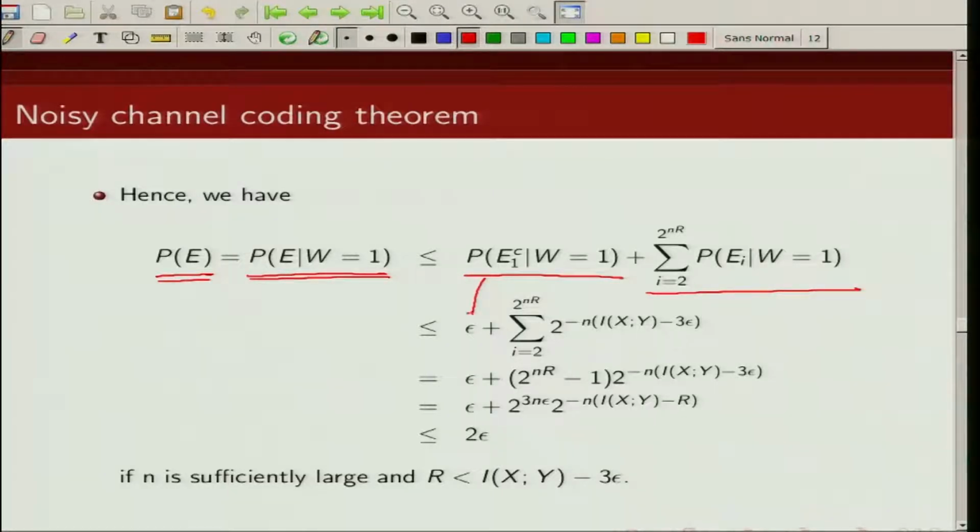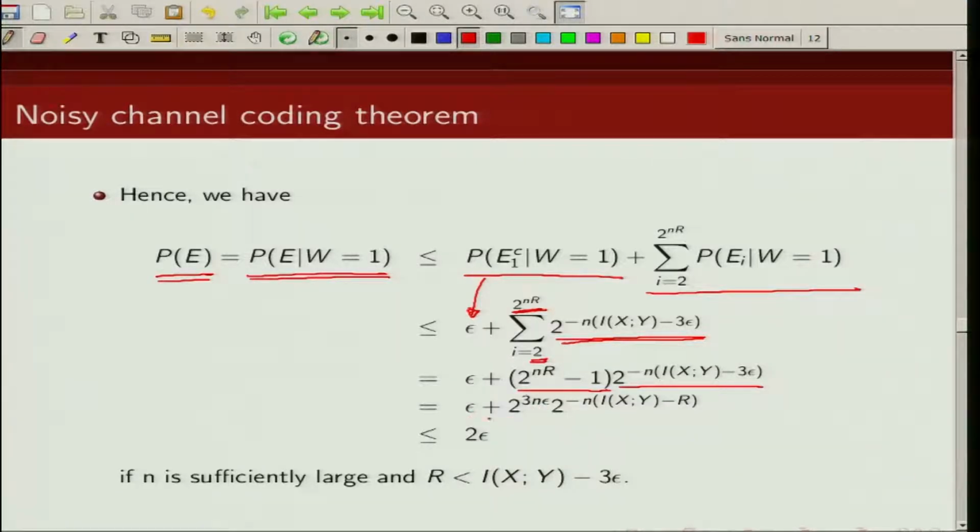Now the first, from the property of joint AEP, is a very small quantity, which we are calling epsilon. The second is upper bounded by this probability. So when we sum it from i equal to 2 to 2 raised to the power nR, what we get is epsilon plus (2 raised to the power nR minus 1) times this quantity. Now we will collect terms containing epsilon.